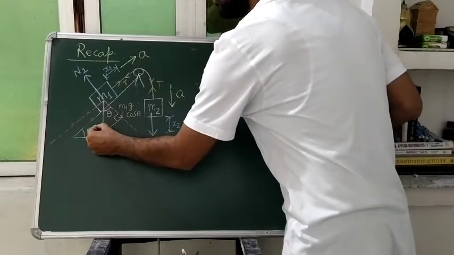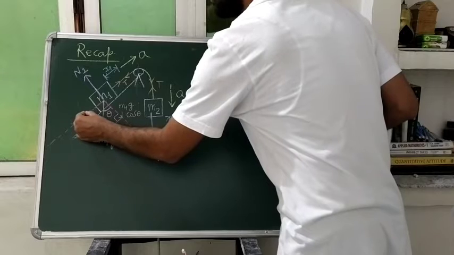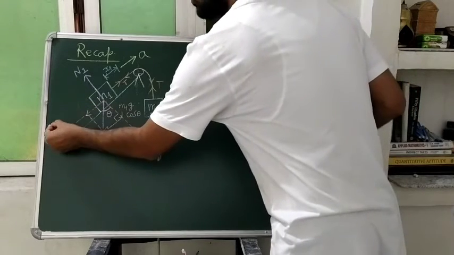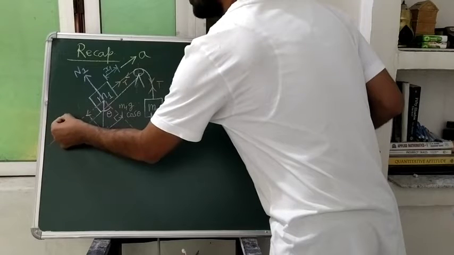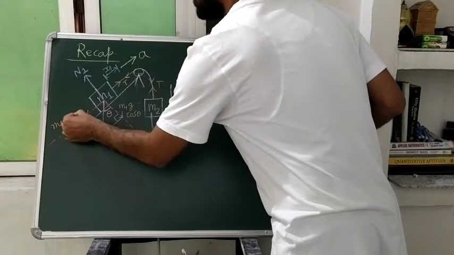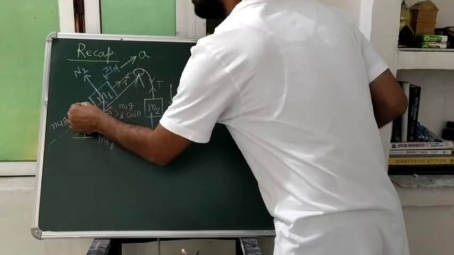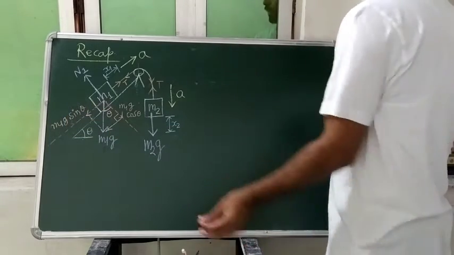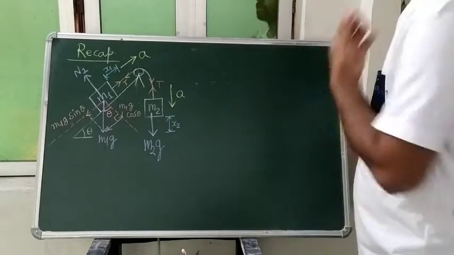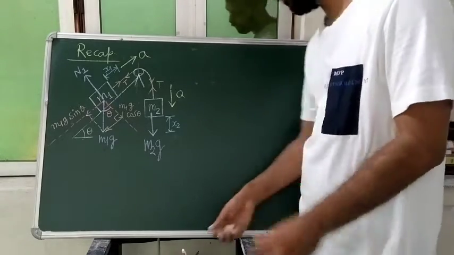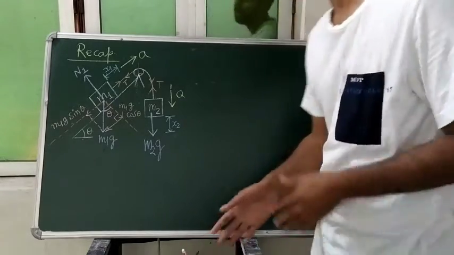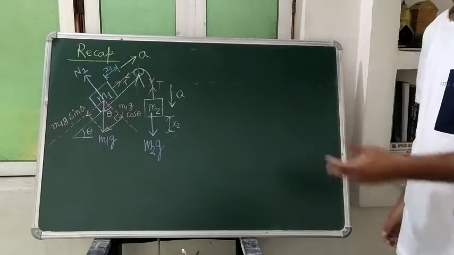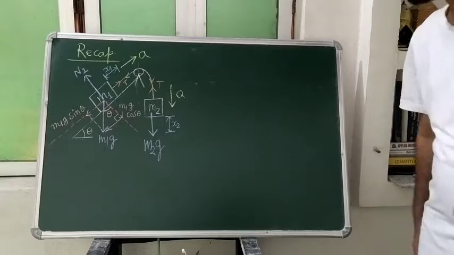So this vector we have shifted here, and here this m1g sin theta component will come. Okay, so our next task will be to draw the free body diagram. I have told you how to draw the free body diagram so many times, so I think this should be clear to you.